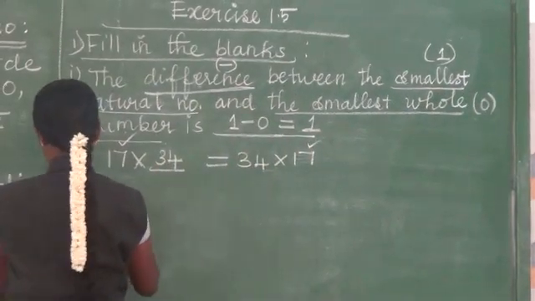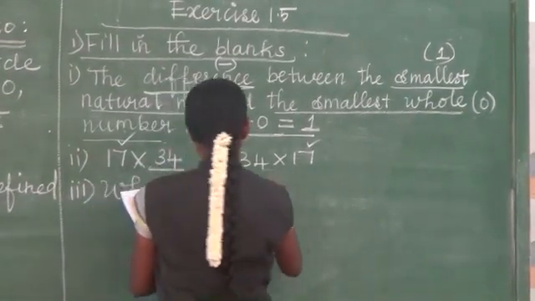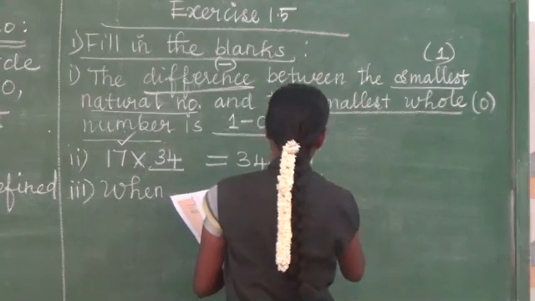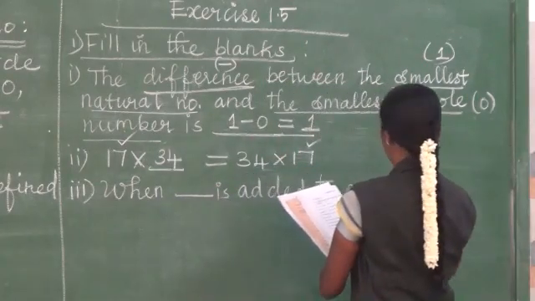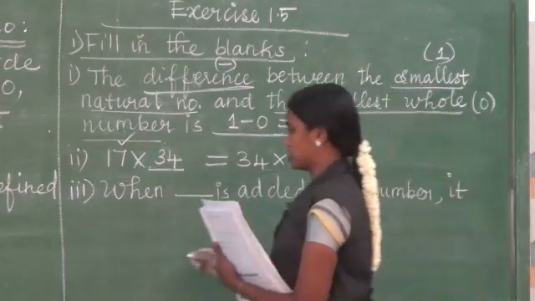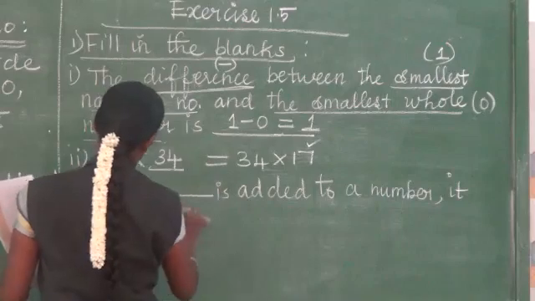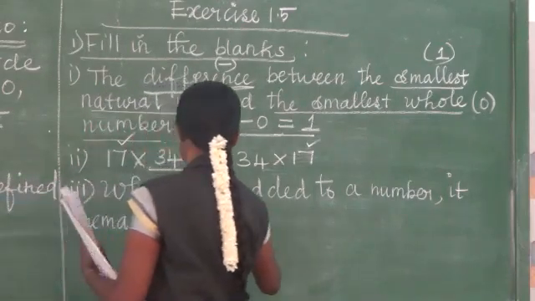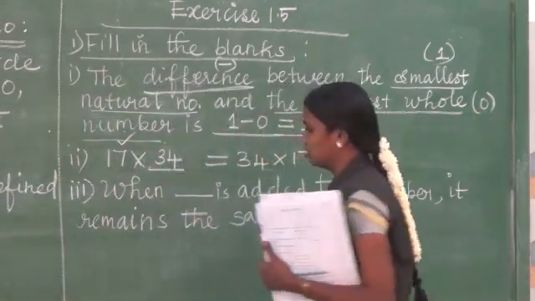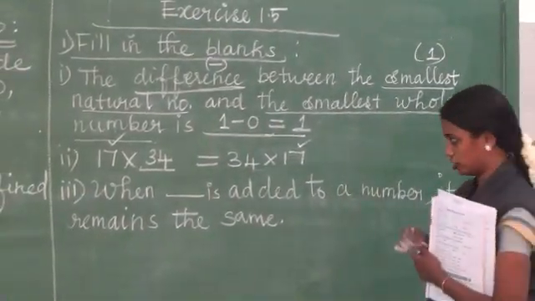Option 3. When dash is added to a number, it remains the same. So when you add something, the number is unchanged. That is the question, yes or no?